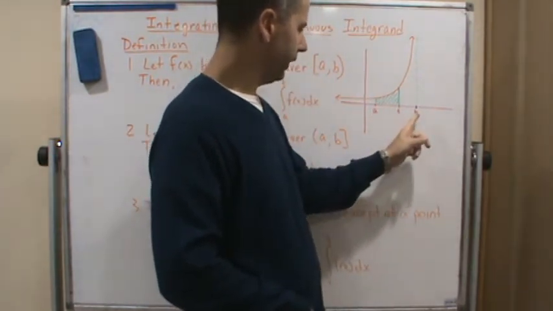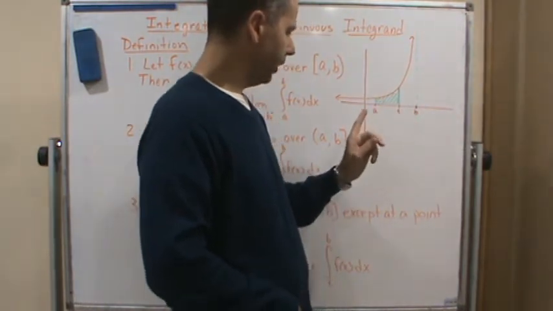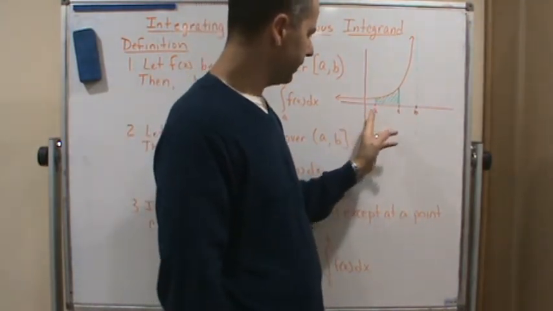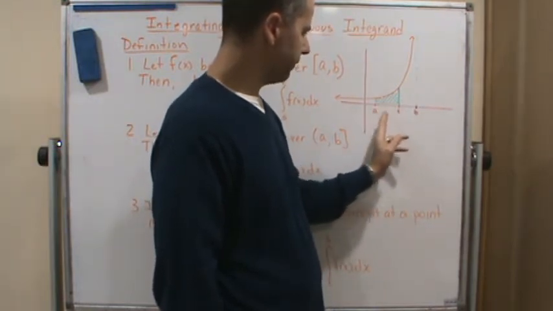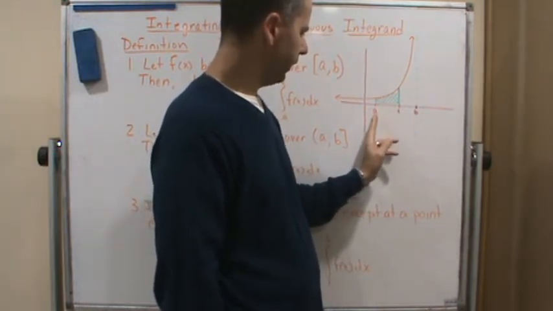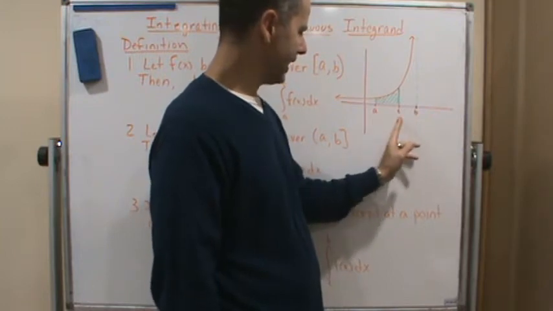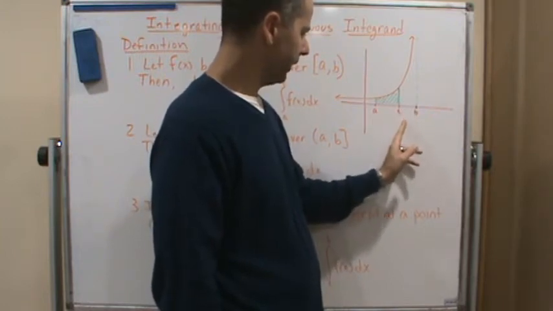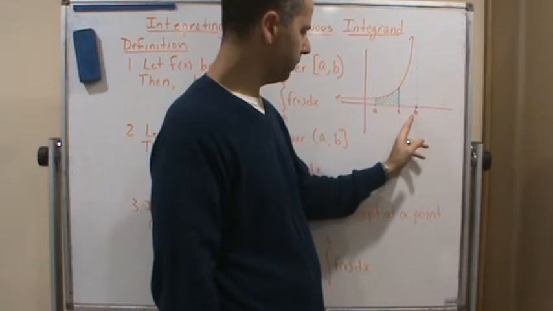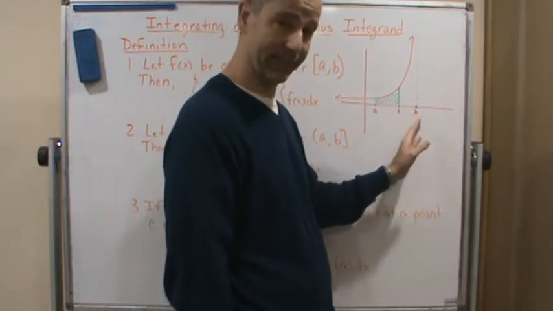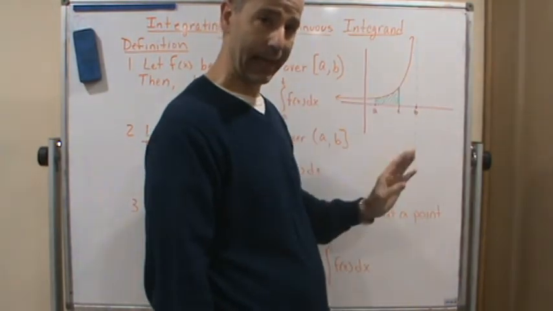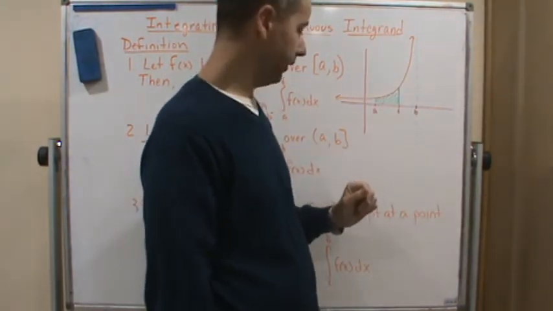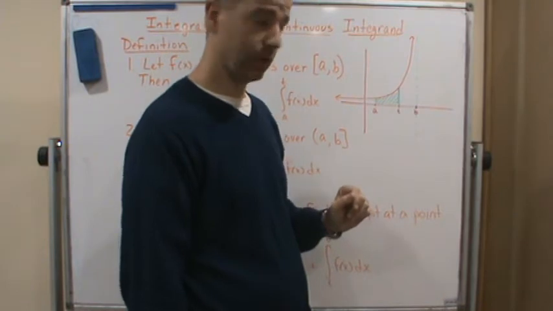Here it's going to be at B. So we can find the area under the curve from A to T. In fact, we can keep pushing T closer and closer to B, and we're fine. It's just at the endpoint where it shoots off to infinity, and we can't find the integration of that.